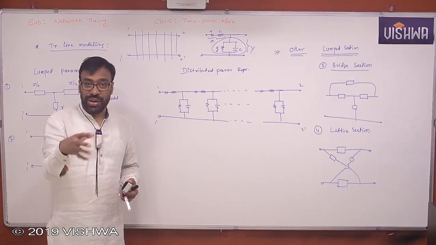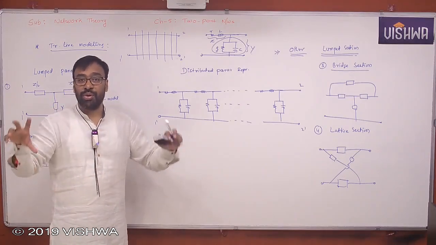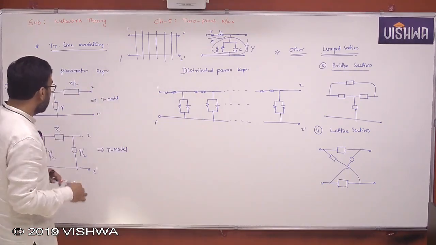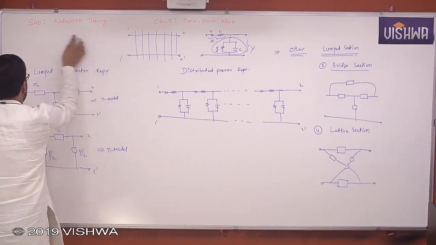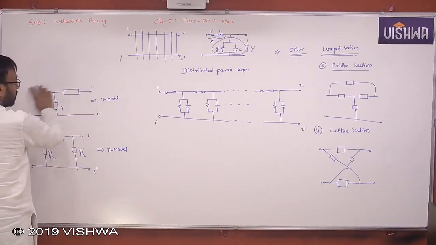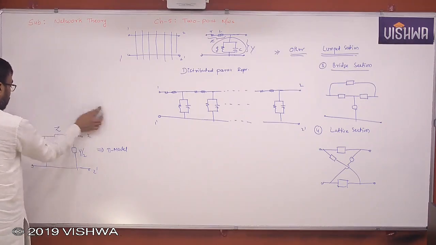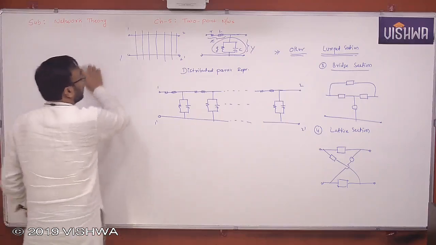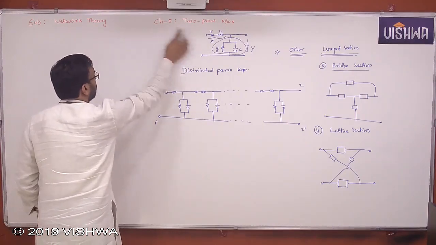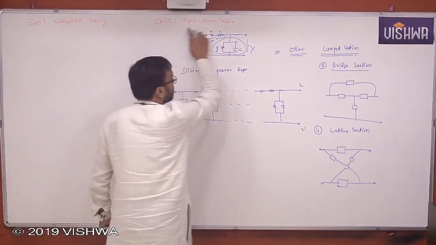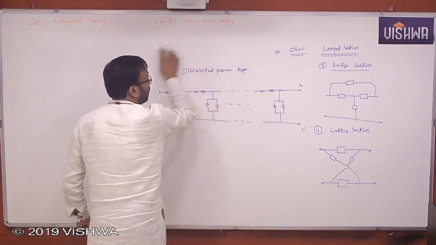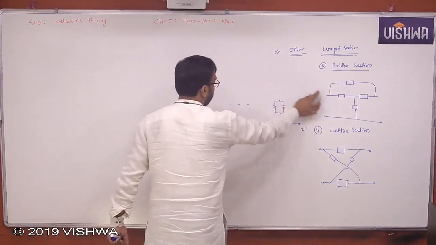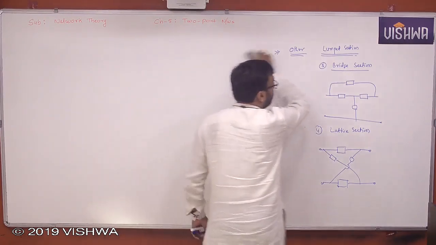You never worry what is happening in the black box. You worry only about the variables V1, I1 and V2, I2. That's it. Okay. So students, you got a pretty good idea of how the concept of two-port networks is applied for a given system. It's a very, very important concept. The analysis becomes easy, especially when the physical network parameters are invariant with respect to load and source variations. That's the really interesting part of networks.